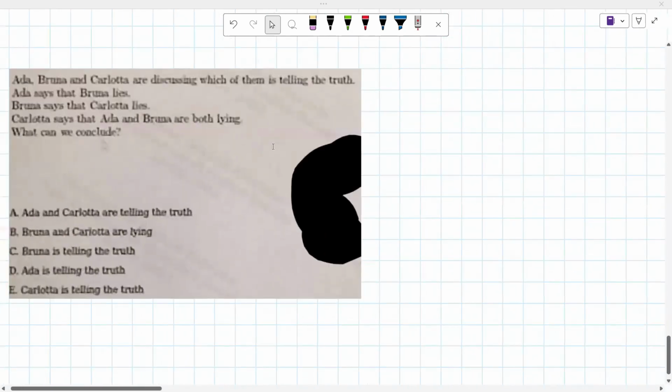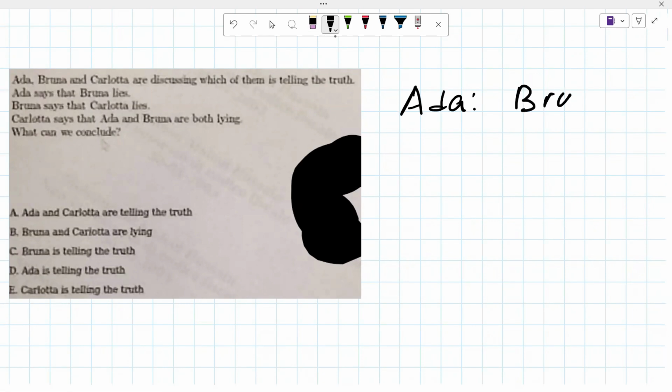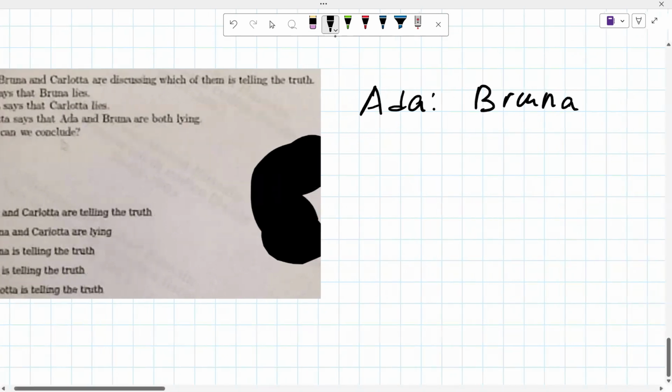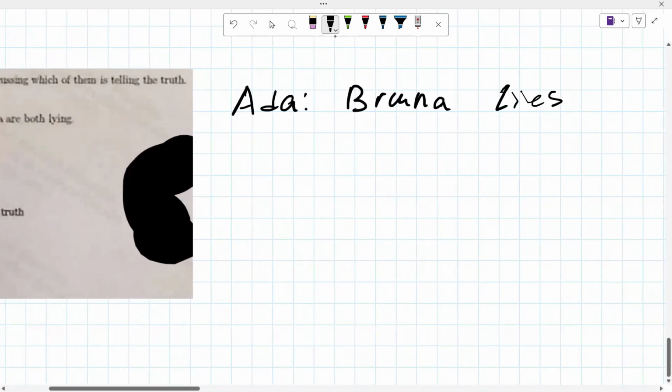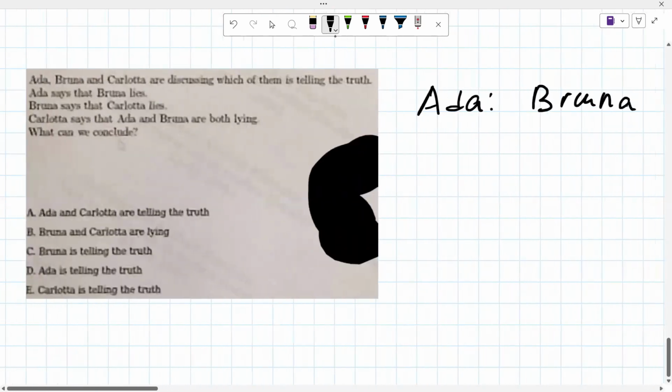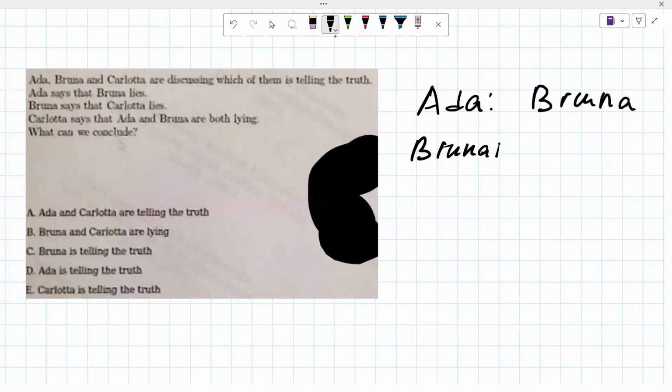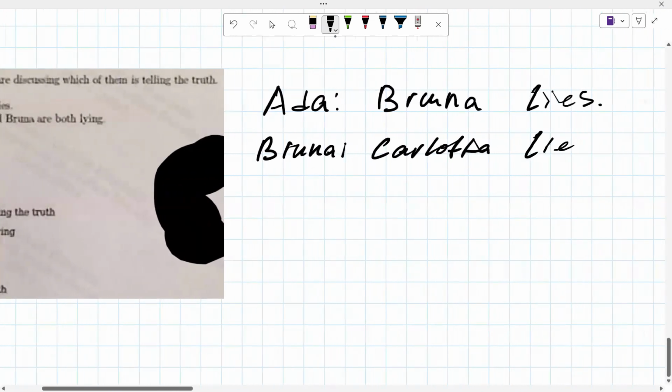Okay, I'll just rewrite all the statements. The statement of Ada is that Bruna lies. Then the statement of Bruna is that Carlota lies.